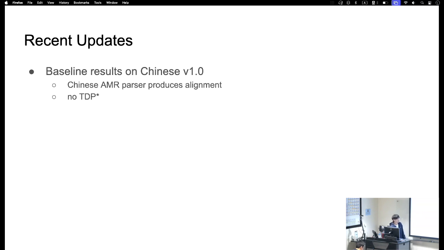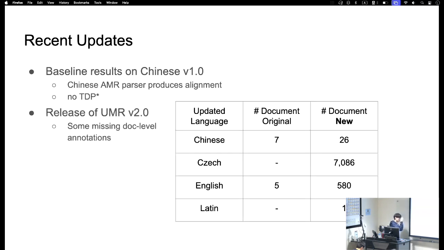But for Chinese, there are no gold reference data sets for TDP. So the results that you will see in Haibo's slides will have 0 for temporal events in best state. But we are working to fix that. I'll get to that more later.